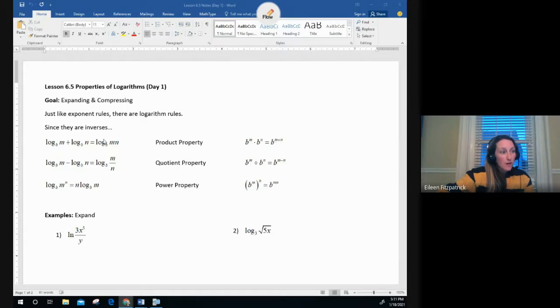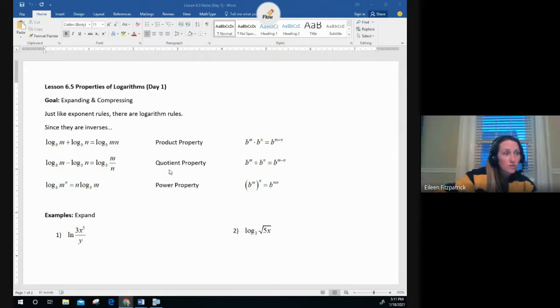For logarithms, if you have log base b of m plus log base b of n, with the same base and you're adding, you can follow the log product rule by multiplying what's being logged. So you can write it as log base b of m times n.